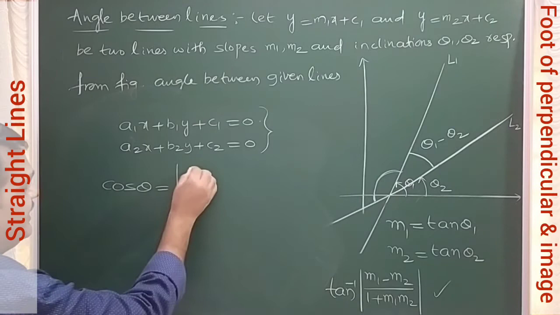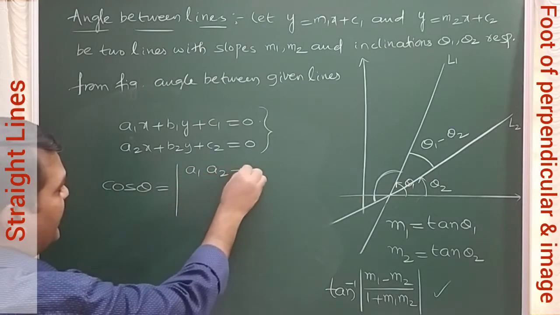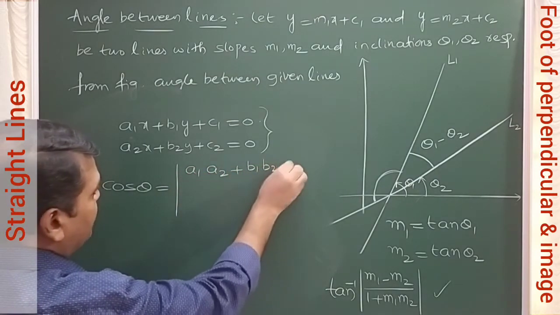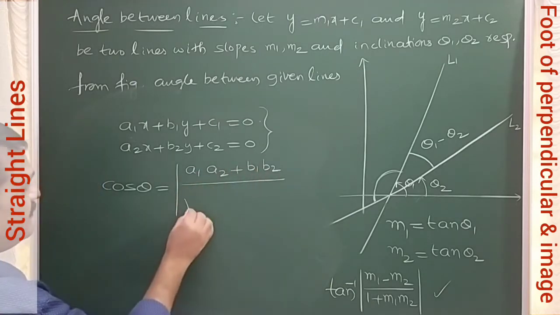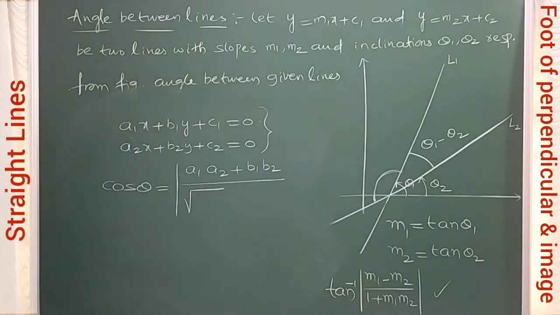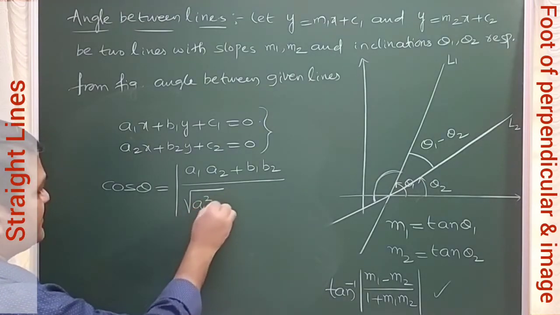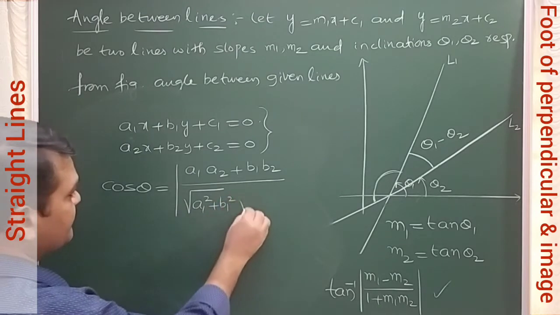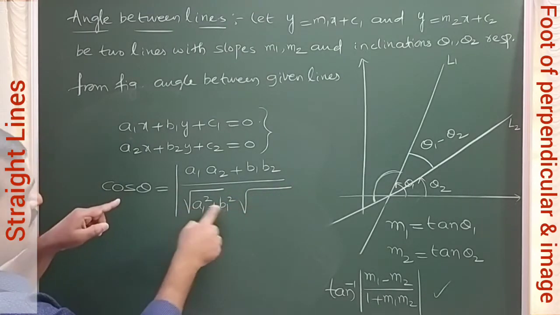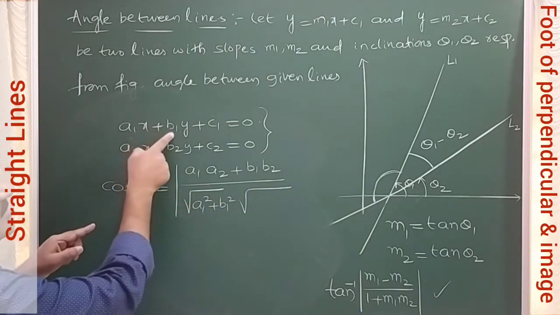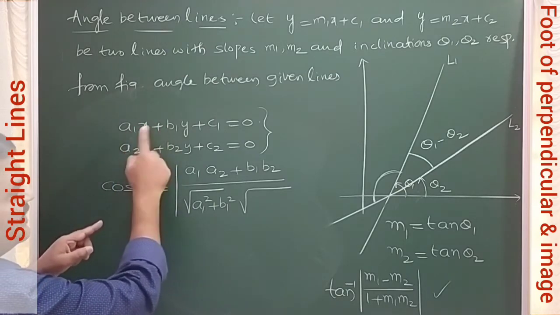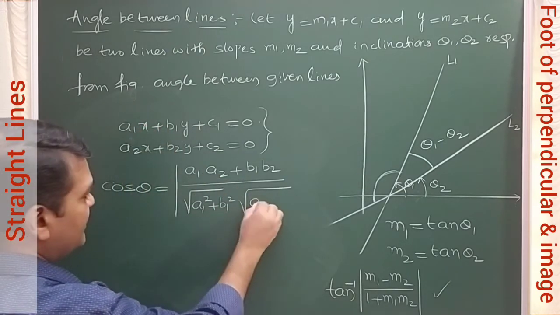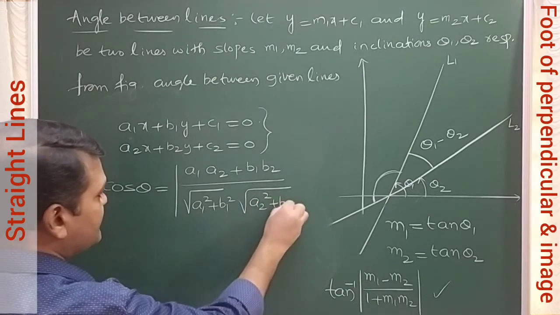Cos theta is equal to modulus of a1 a2 plus b1 b2 by under root a1 square plus b1 square, under root a2 square plus b2 square. Here a1 square plus b1 square means the sum of the squares of the x and y coefficients for the first line, and similarly for the second line.